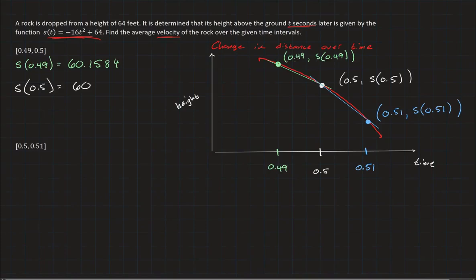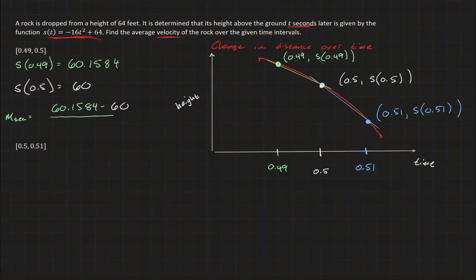So I'll go ahead and find the slope of this green secant line. In this case, it's going to be the difference between these two height values. So I have 60.1584, and from that I'm going to subtract 60.